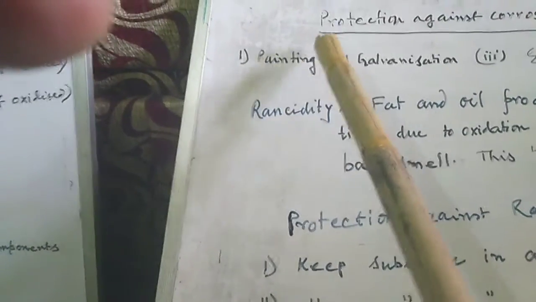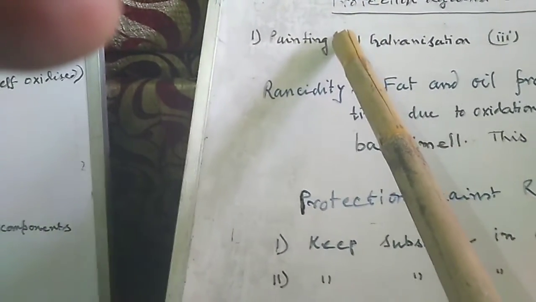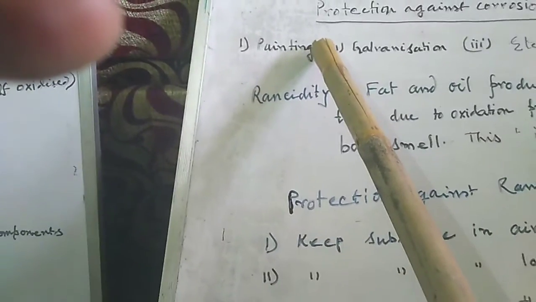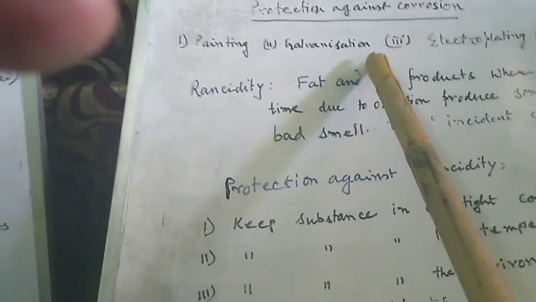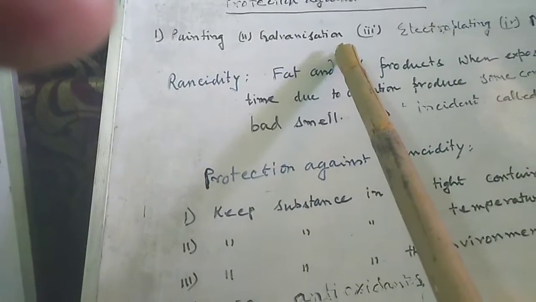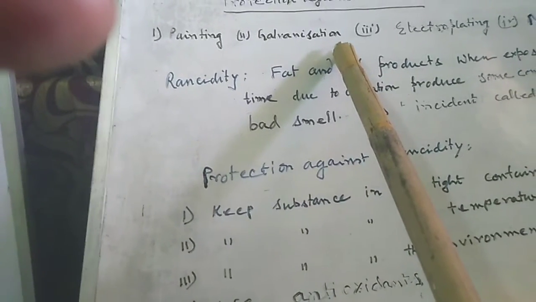Painting protects the surface and cuts off the contact of air components with the metal surface. Galvanization means giving a layer of zinc over the iron article, which protects it from rusting.